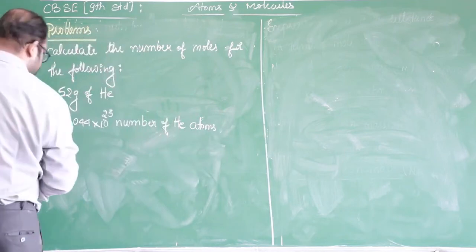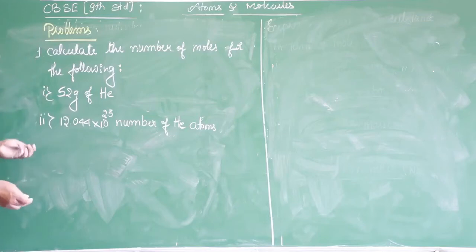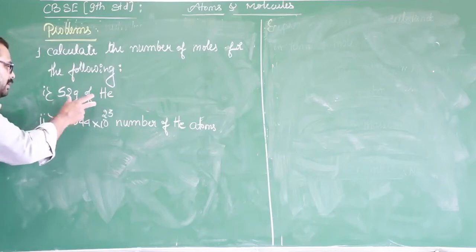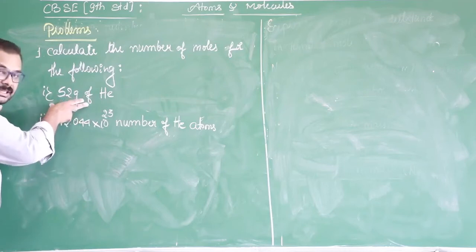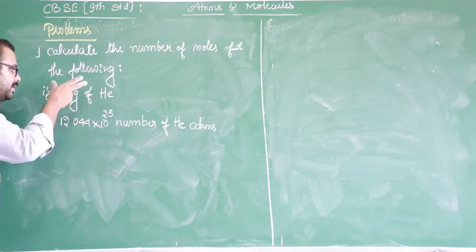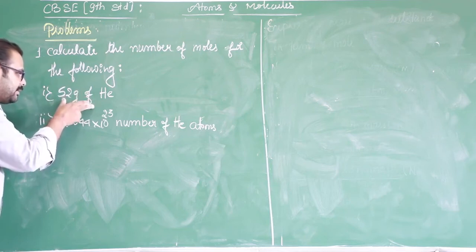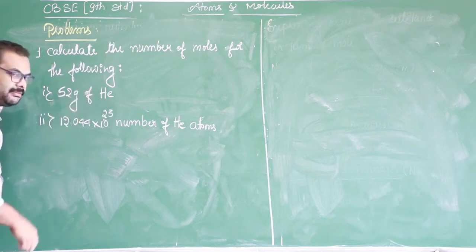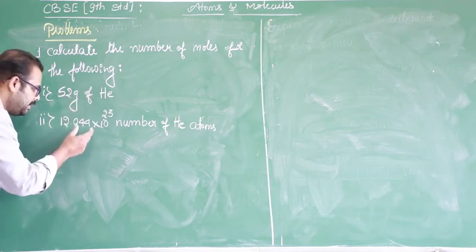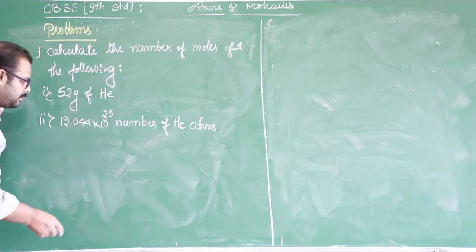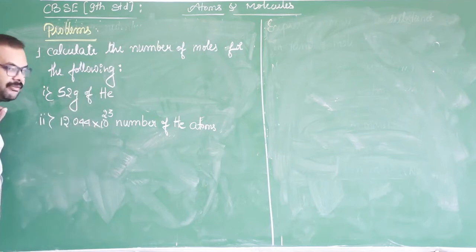Now look here. We have to calculate moles. In the first problem, it is expressed in terms of gram, so they give the mass of a particular atom, helium, and in the second they express it in terms of atoms.